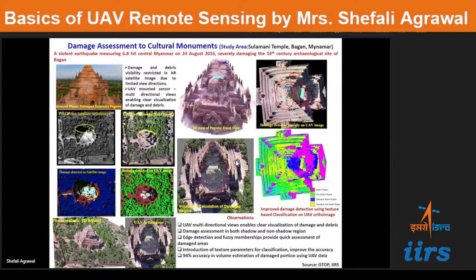So the UAV can collect a multi-directional view, which enables clear visualization of both damage and the debris. Damage assessment was done more accurately as compared to the satellite-based one, because in the satellite-based one the observations were missing in the damaged area, right? So with high accuracy, the damage assessment was done using a drone-based platform.